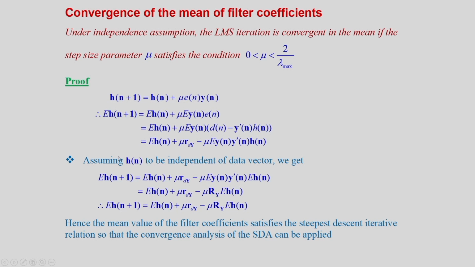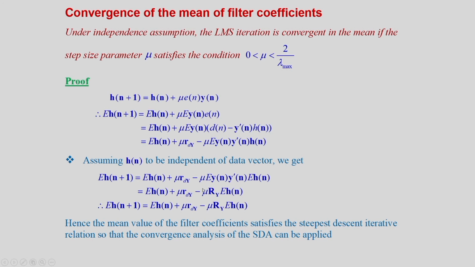Now, we will make the independence assumption. Assuming Hn to be independent of the data vector, we will get E of H of n plus 1 is equal to E of Hn plus mu into R dy. Now, here we will write this entire expectation as a product of two expectations, that is mu times E of Yn transpose into E of Hn.